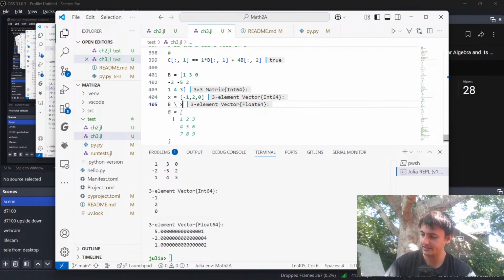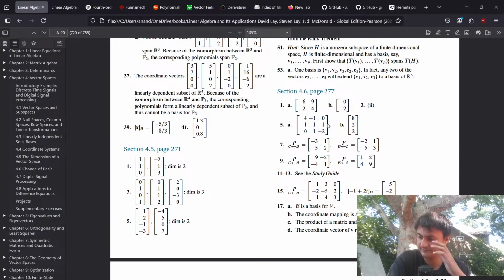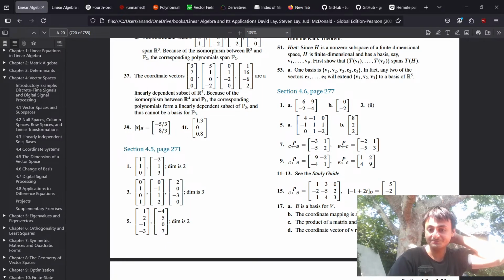And then we should get xb is equal to 5, minus 2, 1. Let's just check the back of the book. So this was 15. So good. We got P, B to C right, and then we got this XB right. Nice.